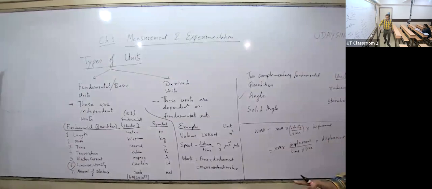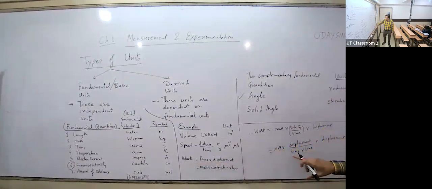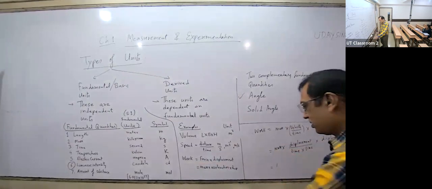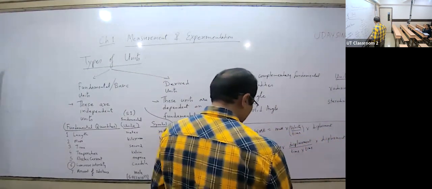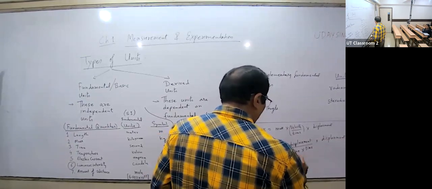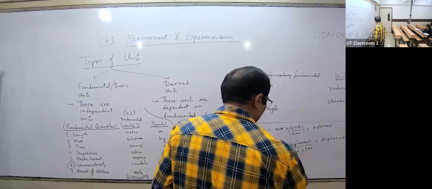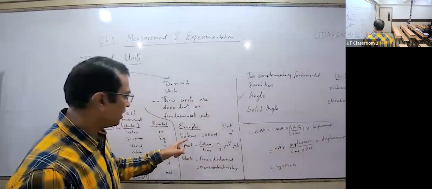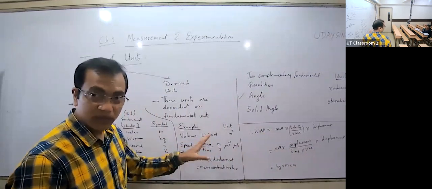So what is the unit of work then? Work depends upon these fundamental quantities: mass, displacement, and time. Now replace the units. Mass is kg, with small k and g. So kg into meter into meter. The unit of displacement and distance is the same, both are length only.